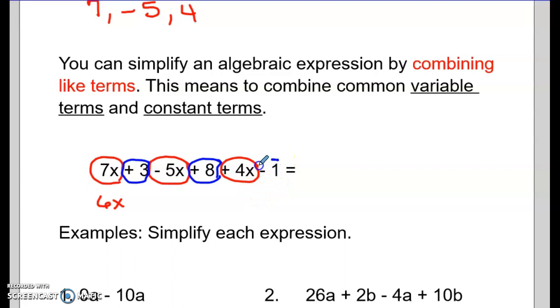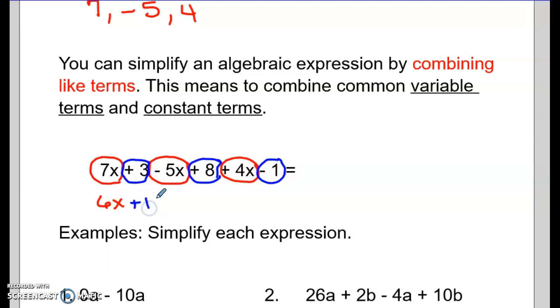And then we have negative 1. Again, the minus sign or the plus sign in front of the number goes with the number that comes right after it. Okay, so let's combine. 3 plus 8 is 11. 11 minus 1 is 10.